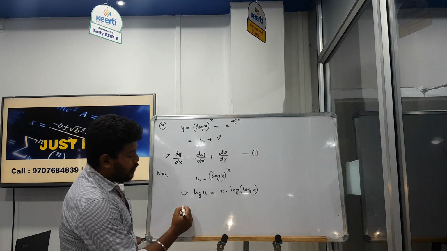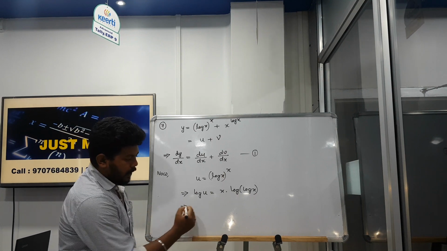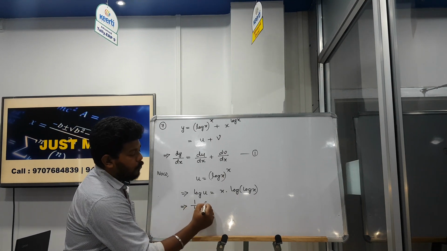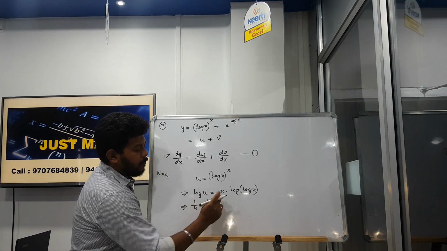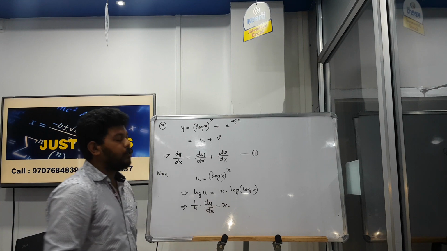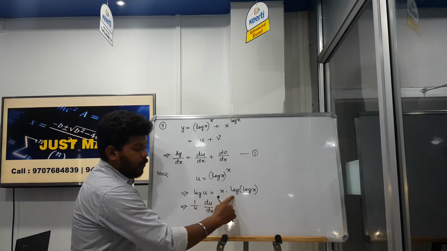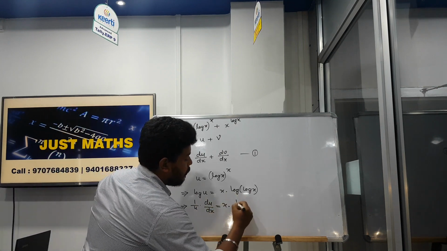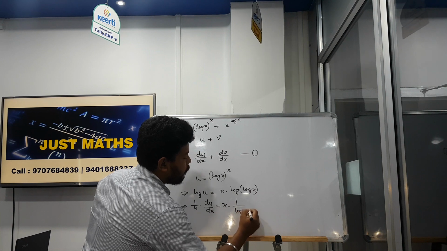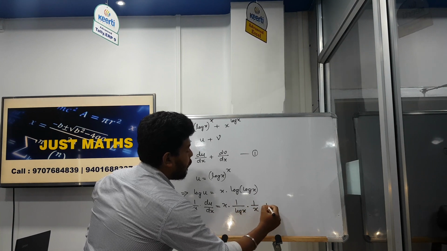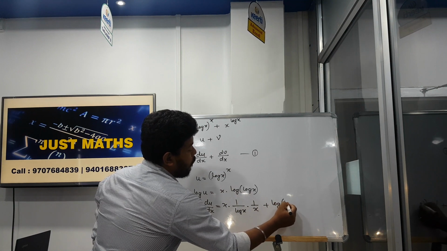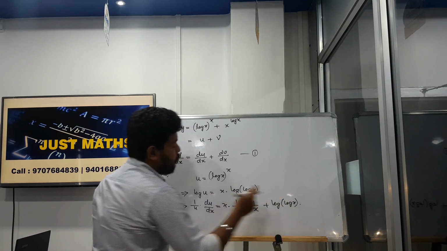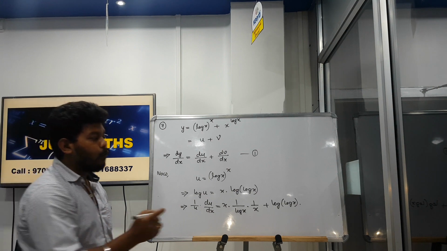Now you differentiate u with respect to x, you will get 1 by u into du by dx equals x into the derivative of log of log x, which is 1 by log x into 1 by x, plus now v into log of log x. For x, the derivative is 1.